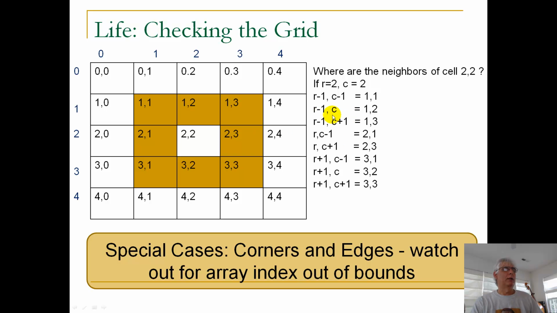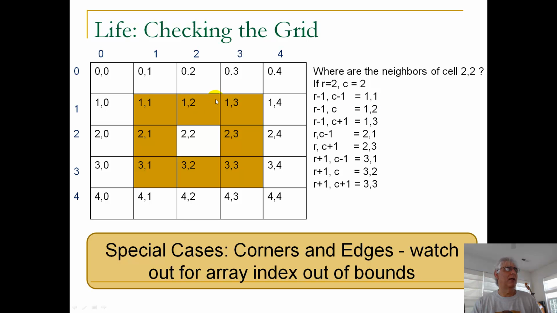I'm going to continue, and you can see I'm moving down this list on the right side of the slide. I'm going to continue in the row immediately preceding. So I'm going to continue in row R minus 1, but now I'm going to check column C. Remember we were in cell 2, 2, so I'm going to check row 1, column 2.